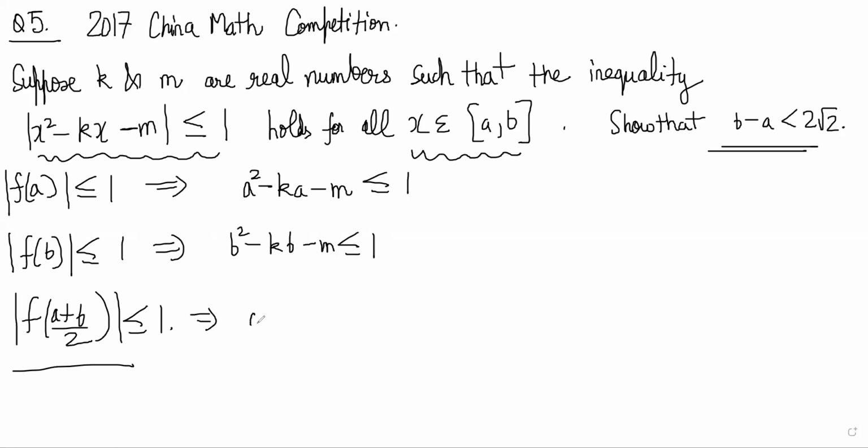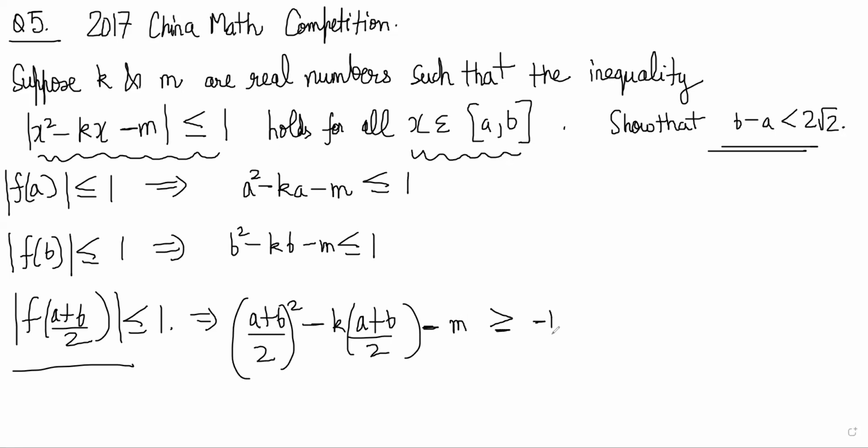And from here we can say (a plus b) by 2 whole square minus k times (a plus b) by 2 minus m will also be less than or equal to 1. But you can say that in a different way as well. We can say that it is greater than or equal to minus 1 also, right? If the modulus is less than or equal to 1, we can write it as between minus 1 and 1. So we can write it as greater than or equal to minus 1 also. We will see the benefit of that soon.